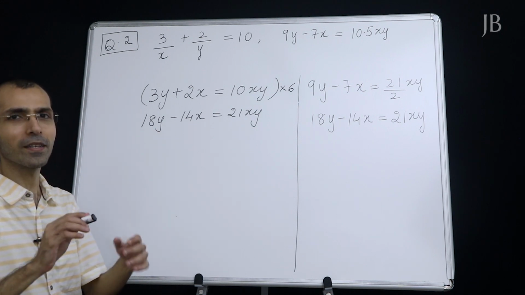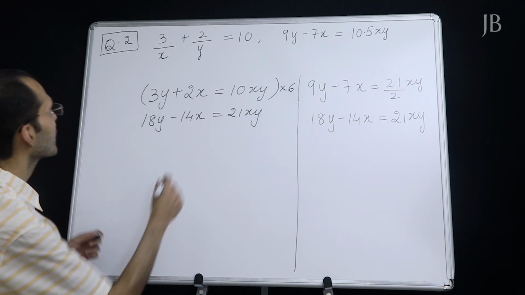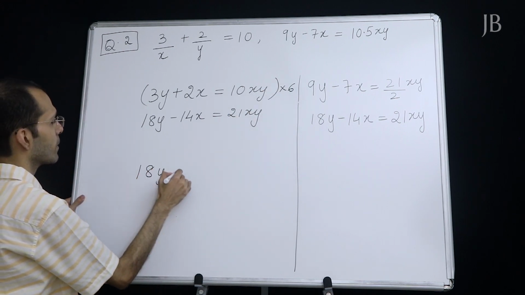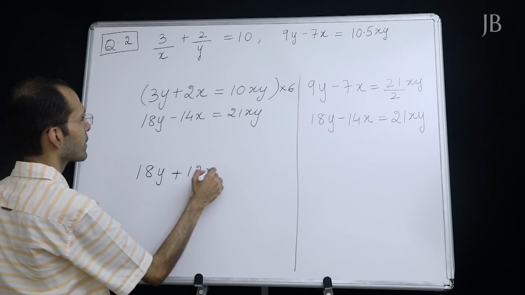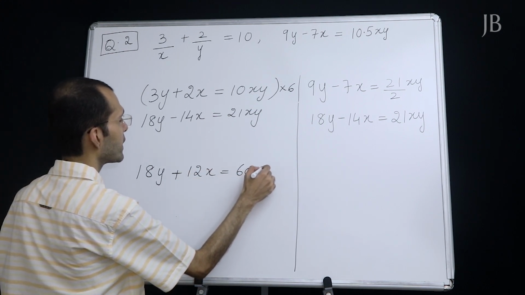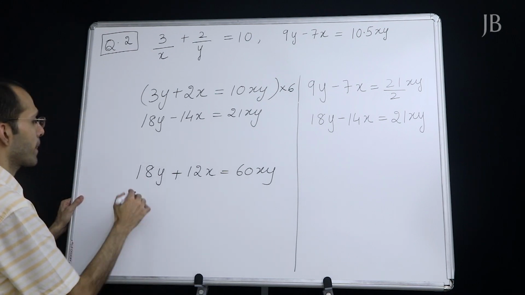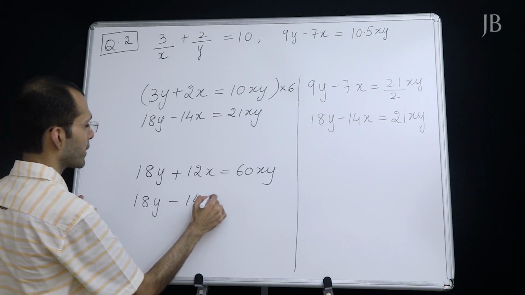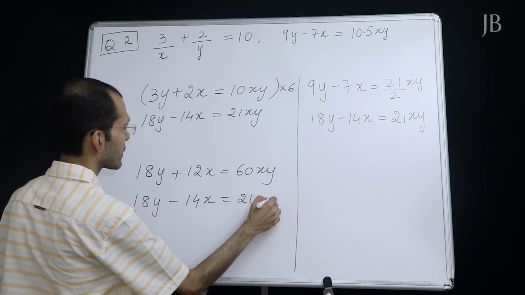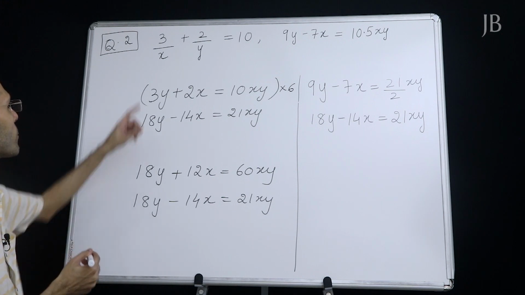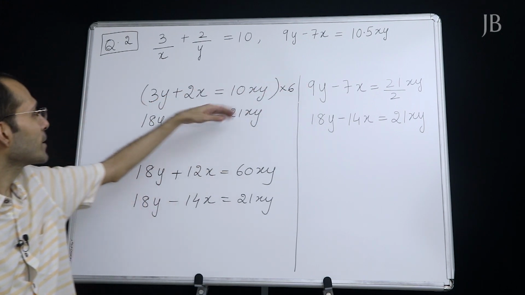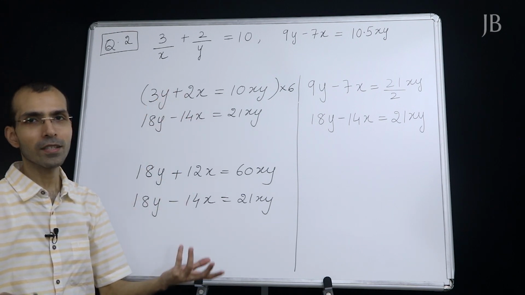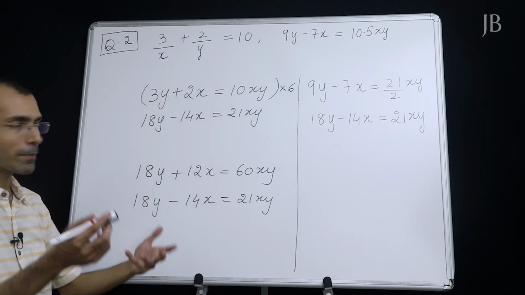If I multiply this equation by 6, this will come 18y plus 12x is equaling 60xy, and this equation I will copy down as it is, 18y minus 14x equaling 21xy. You could have multiplied this equation by 7 also. Then you will get 14x and there is 14x here. So any one of the two terms you try to equalize, the x or the y variable.